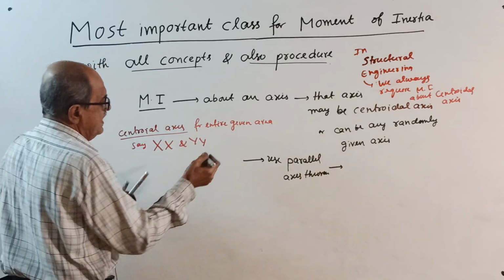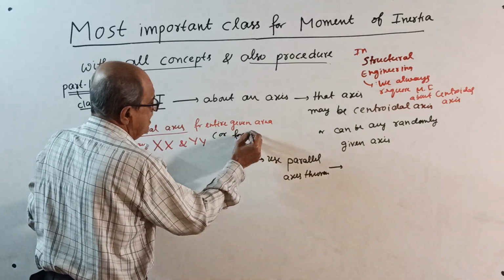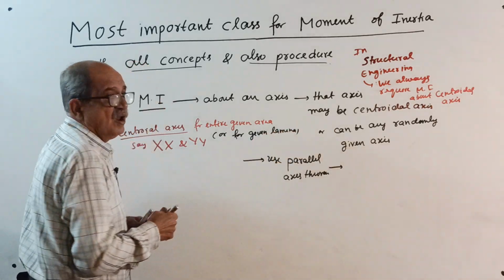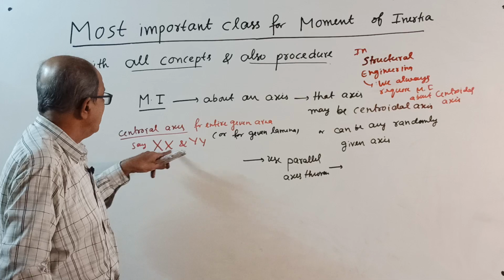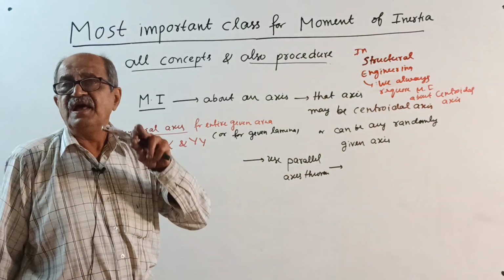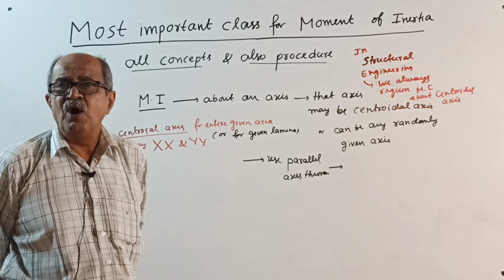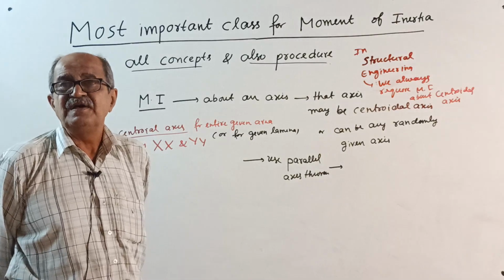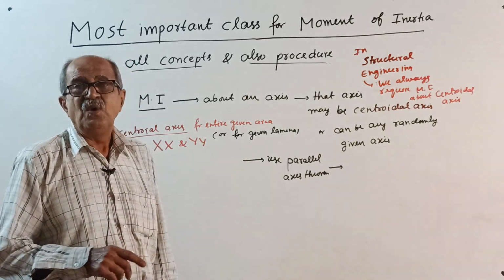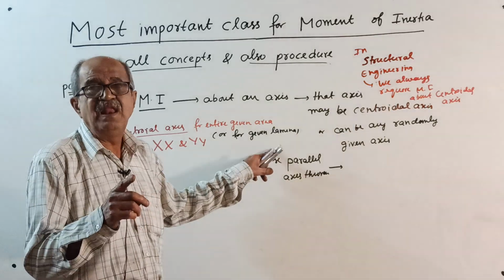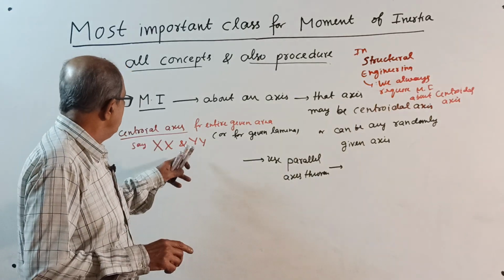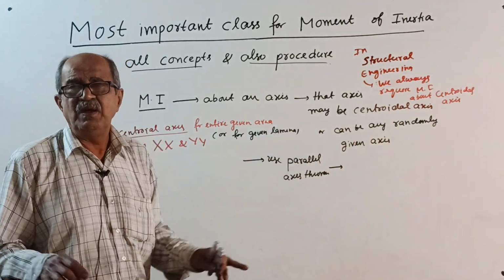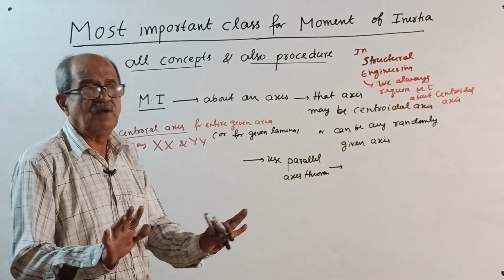It is for the entire given area or the given lamina that I use capital XX and capital YY. When I consider a component later, I will use small xx and small yy, and I may use green color for some reason, which I will tell later. Why that color, I have not decided yet. I may use red color, but I won't give capital G; I may use small g. I will decide later so that you understand. Don't bother right now.